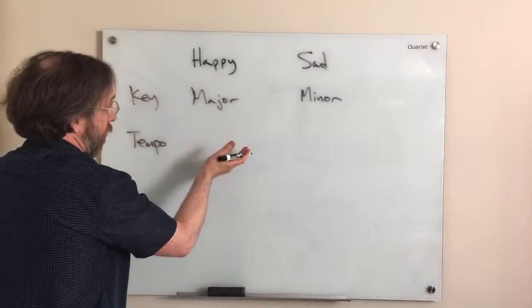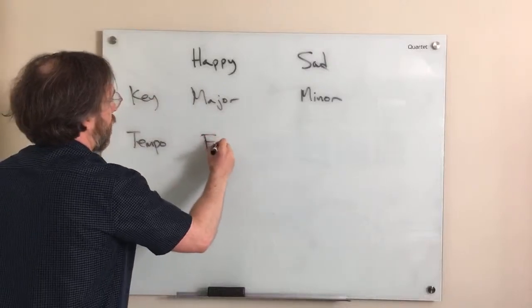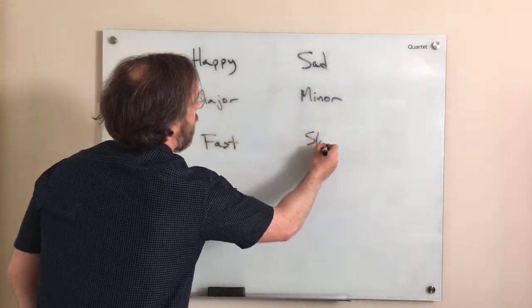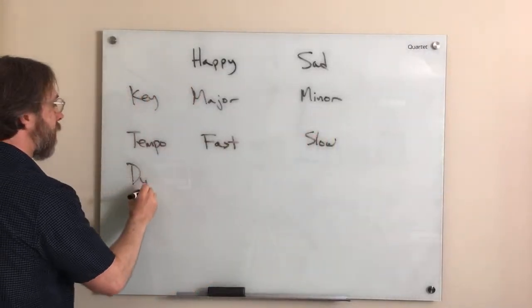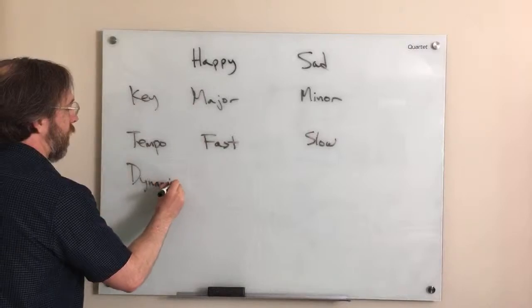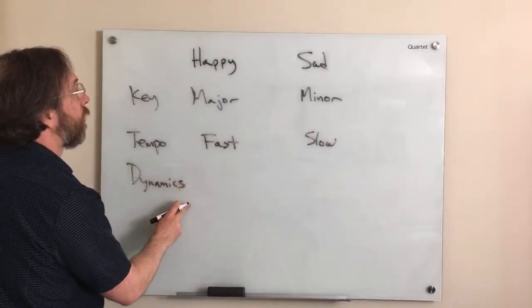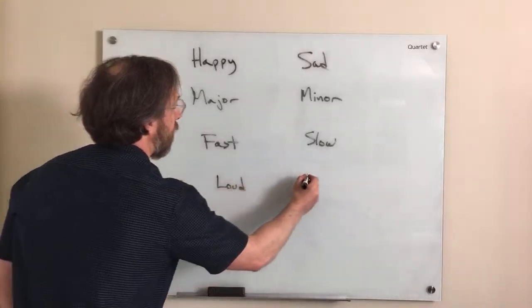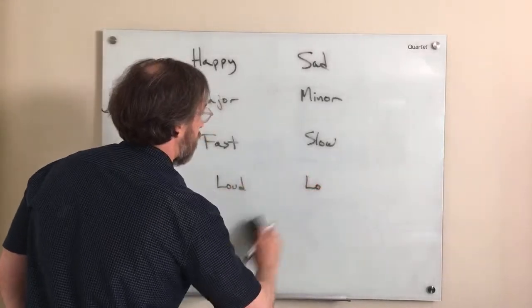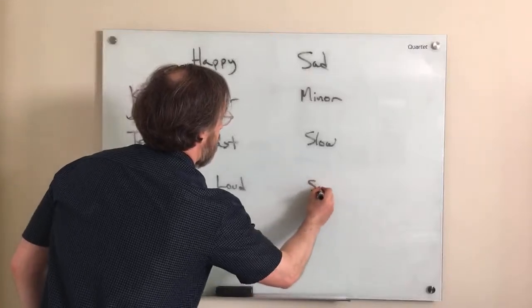So in general, you would say fast and slow. Dynamics play a role. Generally loud versus soft.